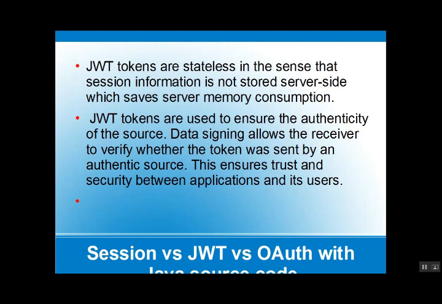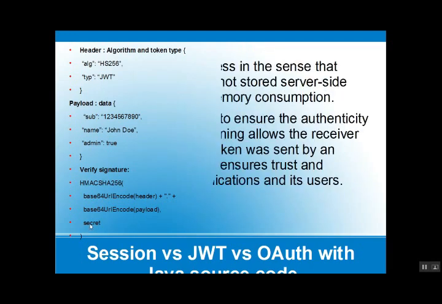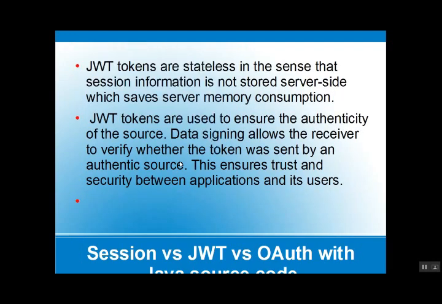In the token, as we saw in the last slide, there is secret information provided by the server. So the server checks whether the session was issued by it or by somebody else, and security is maintained between the application and its user.